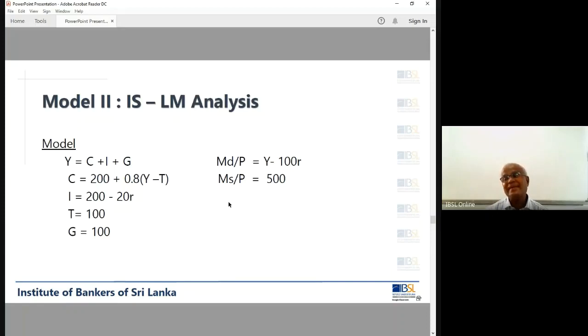Why is that? Because Y minus T is called disposable income, the after-tax income, income after paying tax. Let's say we are getting 50,000 rupees per month. Then you have to pay, let's say, 2,000 rupees as tax.